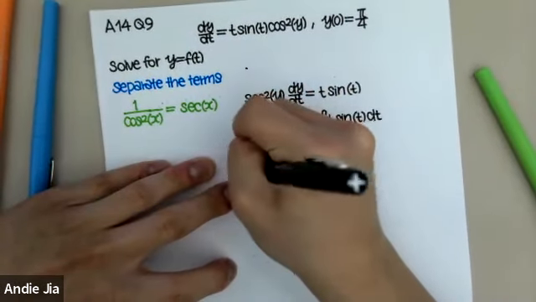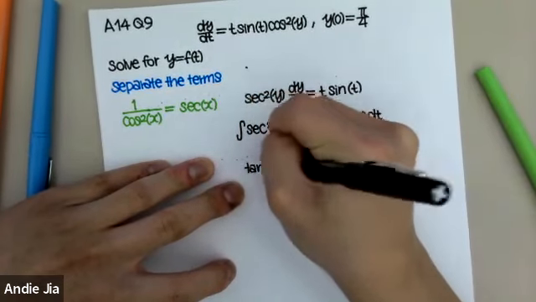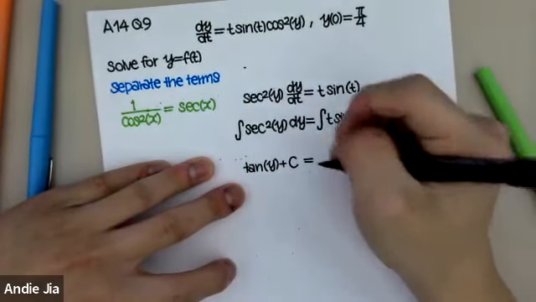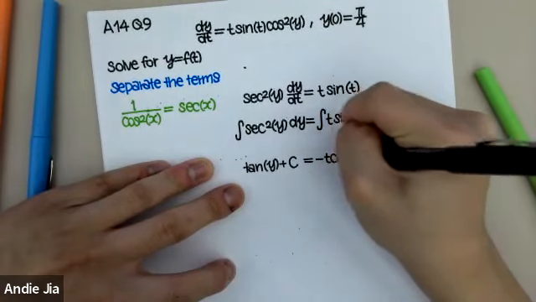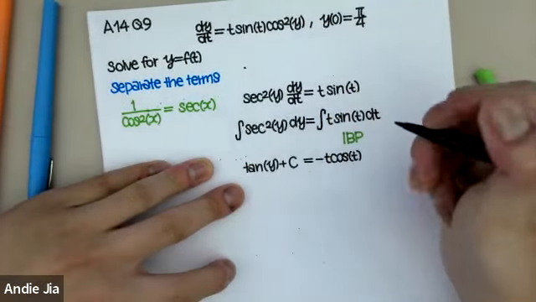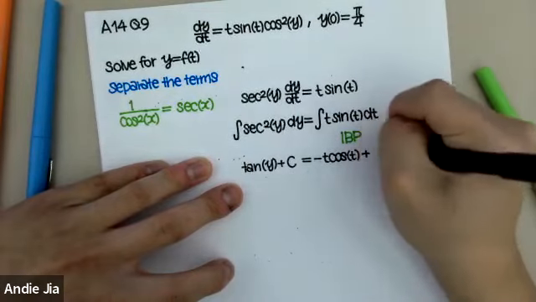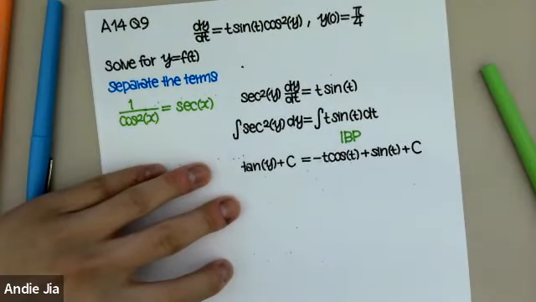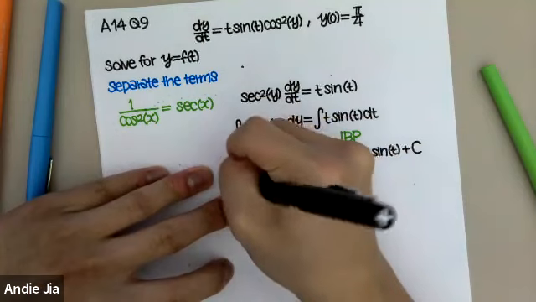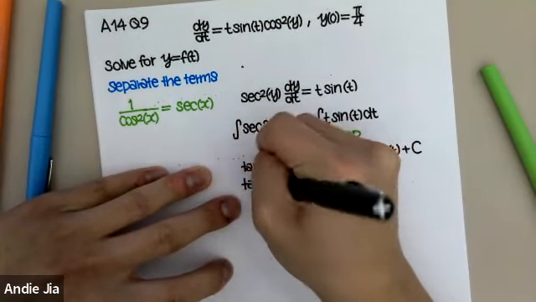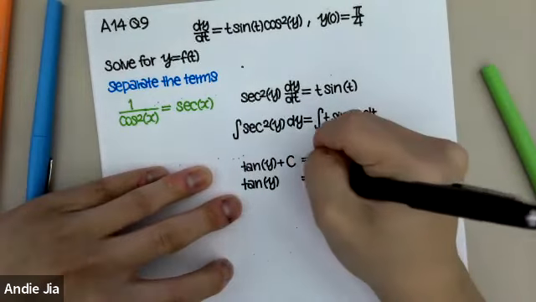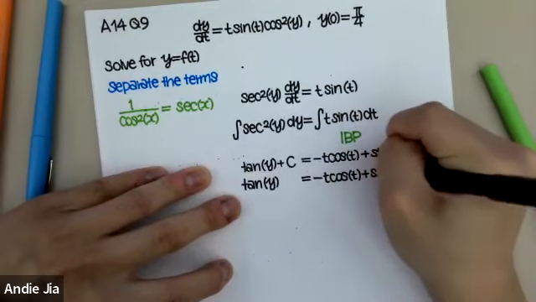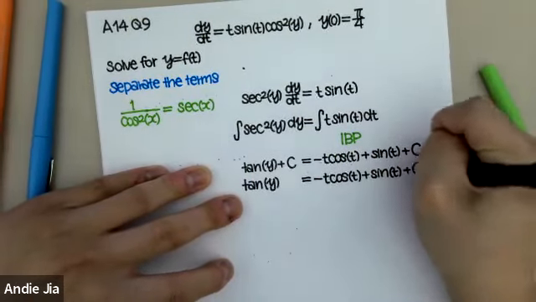So you just have tangent of y plus a constant of integration, and it's equal to negative t cosine t plus sine t plus a constant of integration.